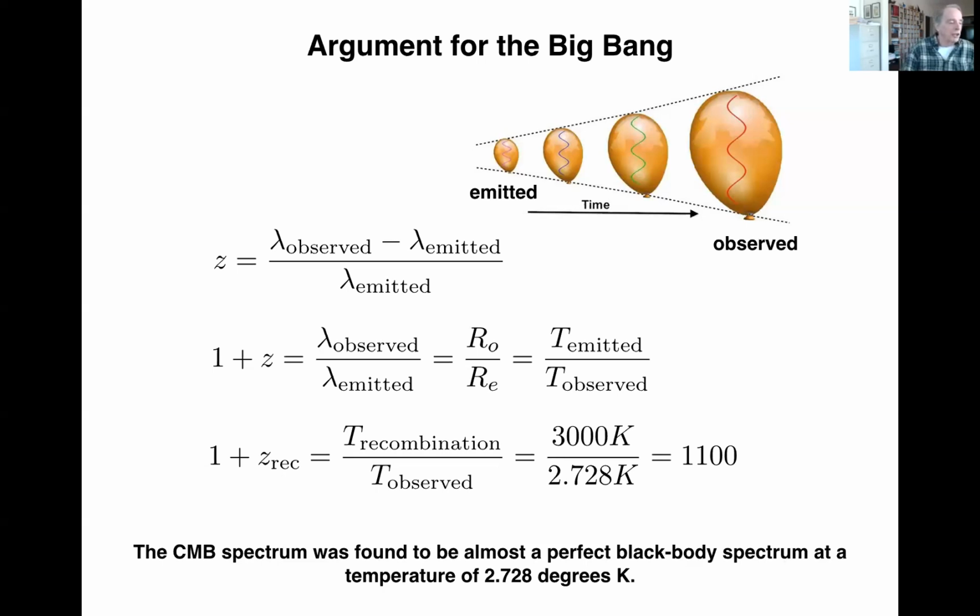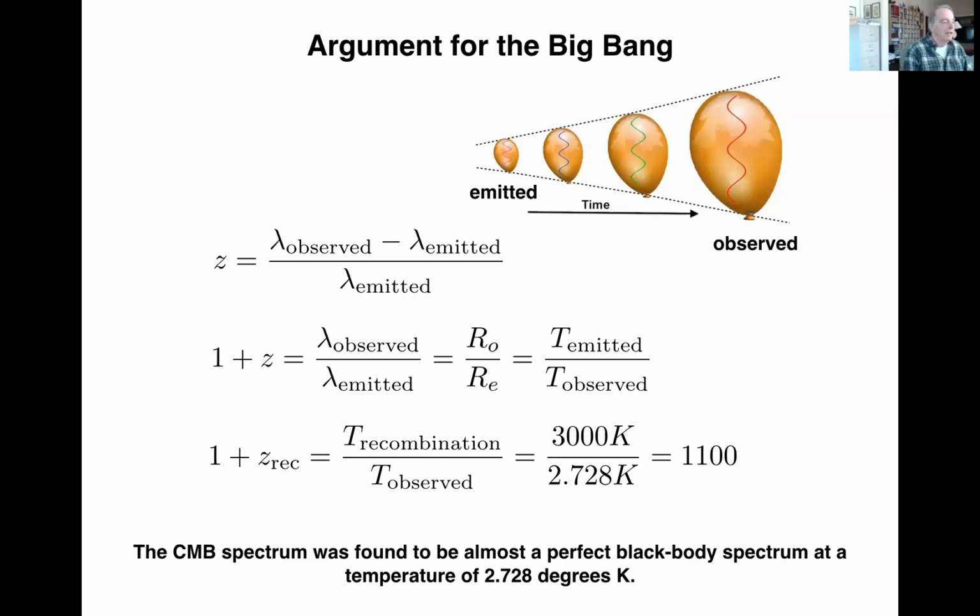And that's just the ratio of the temperature at recombination, which was 3000 K, to the temperature today, which was 2.728. So 1 plus the redshift factor was about 1100, which means that the universe at recombination was about 1100 times smaller than it is today.